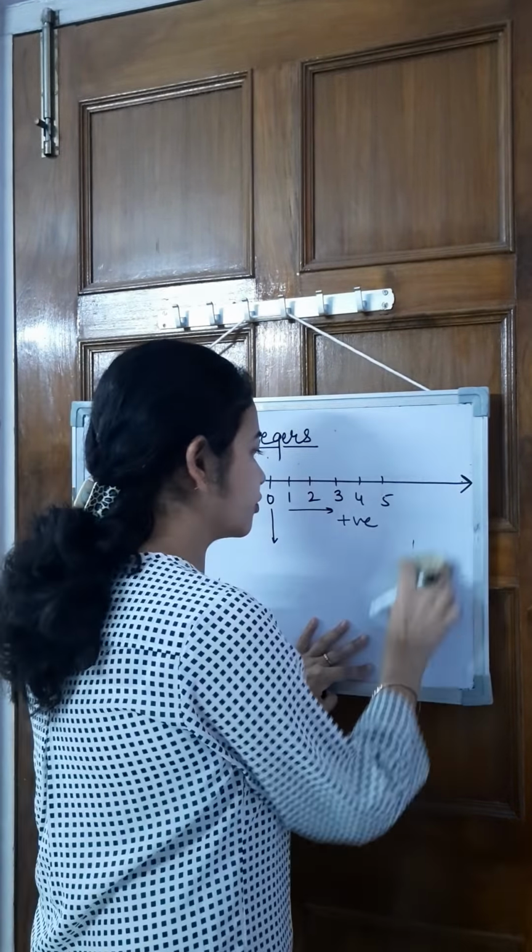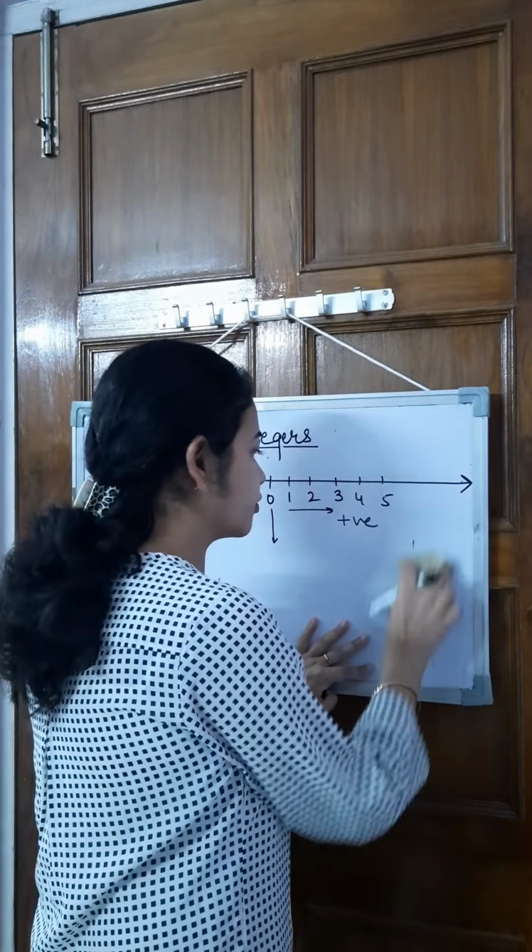And what else we can say here is that when I say 0 and 1, then 1 is greater than 0. When I say 1 and 3, then 3 is greater than 1. And when I say 1 and 5, then 5 is greater than 1.